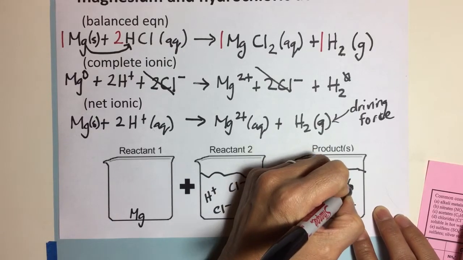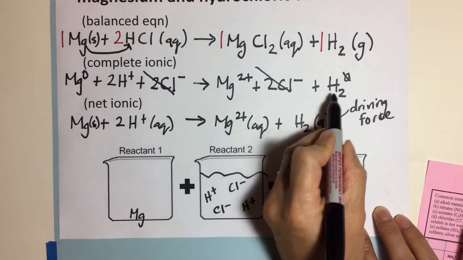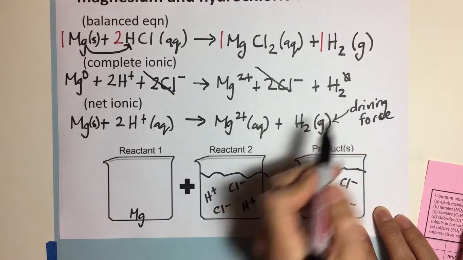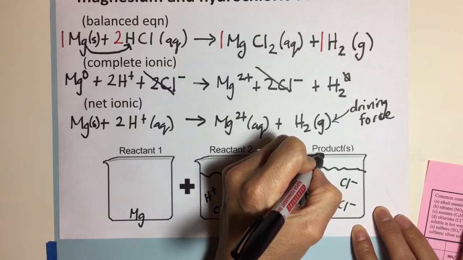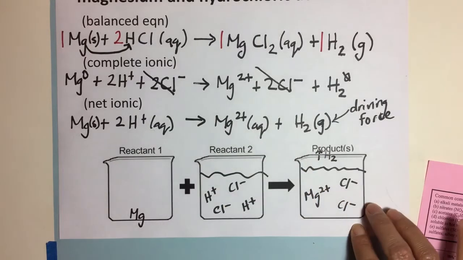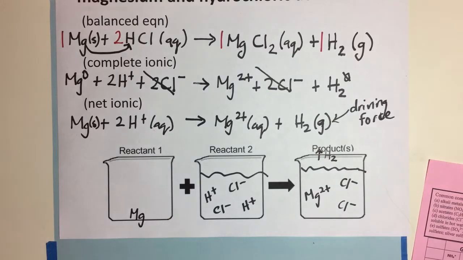Now, something different from double replacement: in this reaction, you're forming H2 gas. So you're going to see it released as a gas above the liquid, out of the solution. And that, class, is the microscale illustration. If you have any questions, let me know.